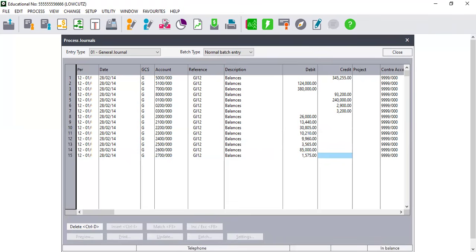Now, I hope you can see that after recording all these amounts on the debit side and on the credit side, it still remains in balance.